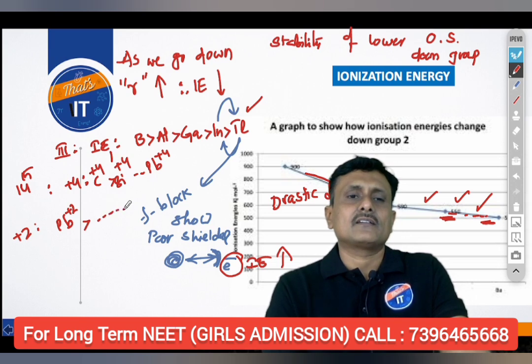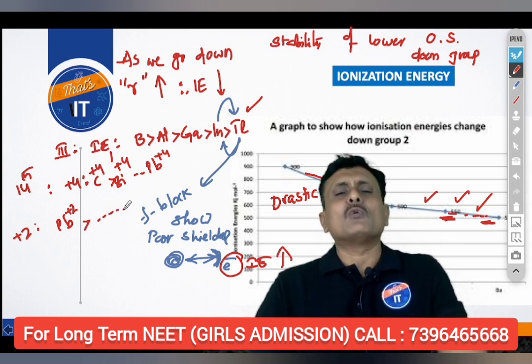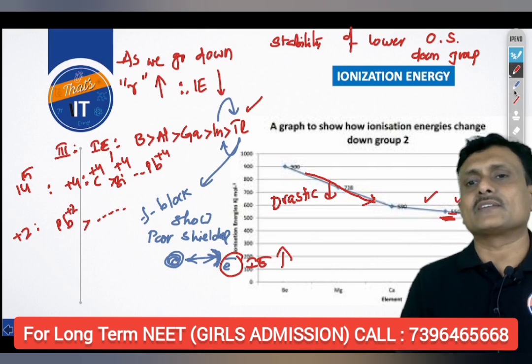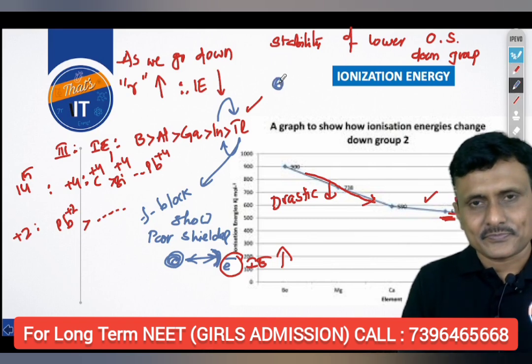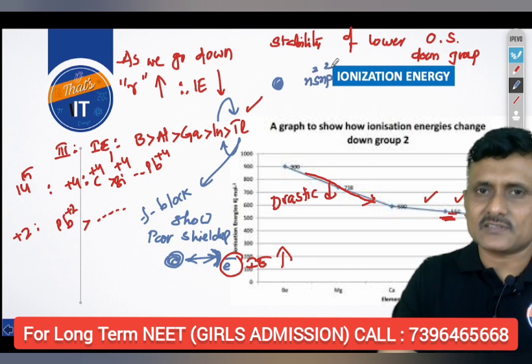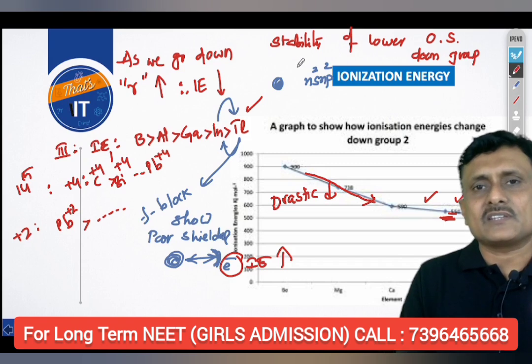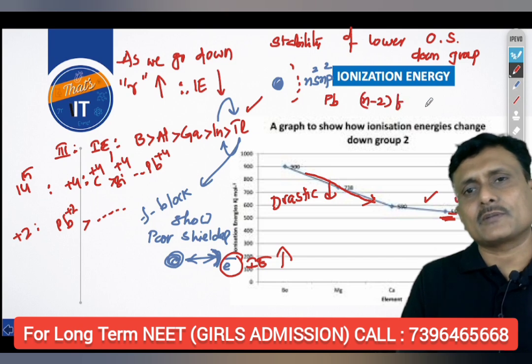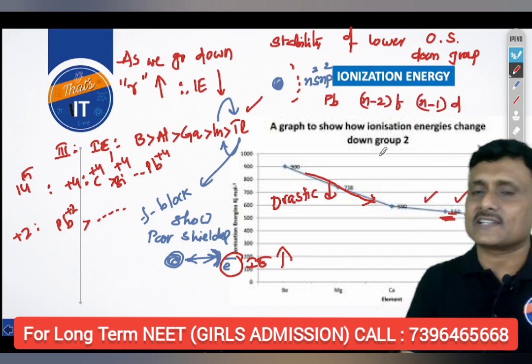Sir, why? What's the reason behind it? It's very simple. Now you see the nucleus, we are talking about the electronic configuration of a 14th group element, ns2 np2, isn't it? Now when we talk about shielding, you know that in the case of lead, there are (n-2) f orbitals as well as (n-1) d orbitals, which are poor at shielding.